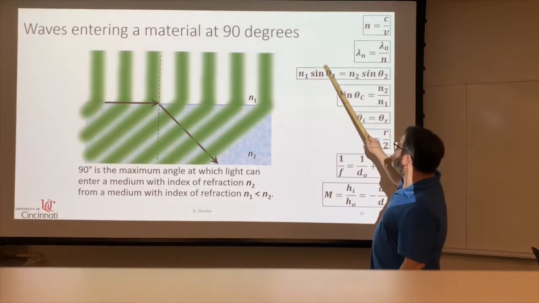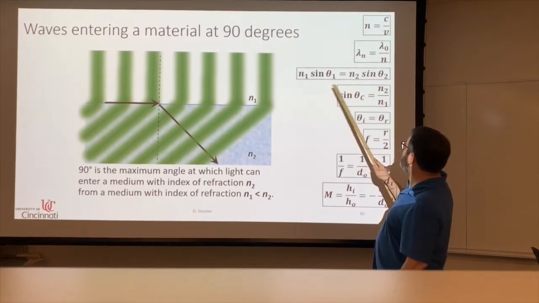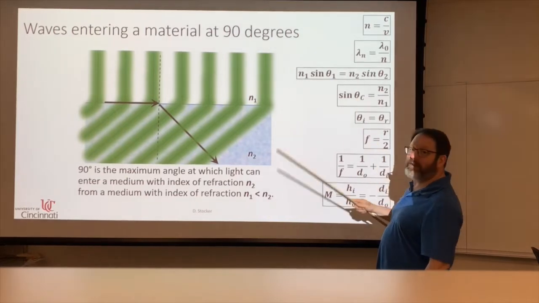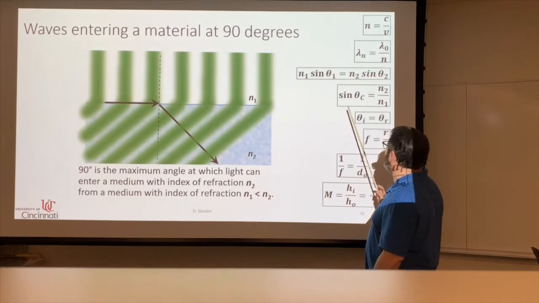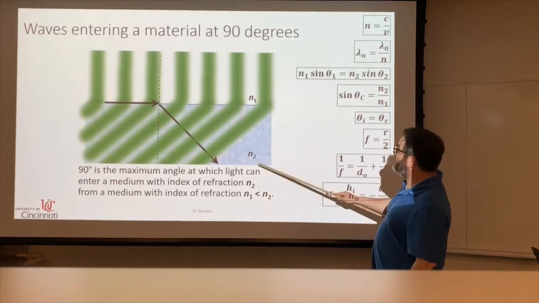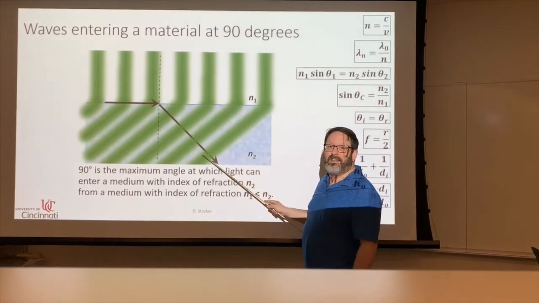So if that goes to 1, then the sine of something is just going to be a ratio of two of these things. So the sine of theta critical is when the other sine is at 90 degrees, so it goes to 1. So when n2 over n1 is equal to the sine of the angle in here, that's the maximum.